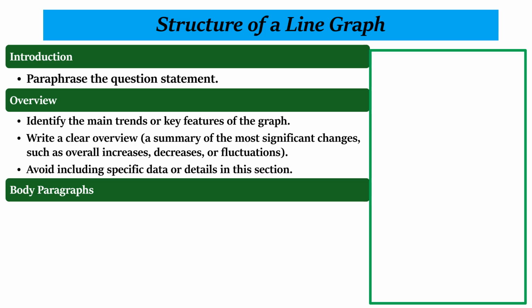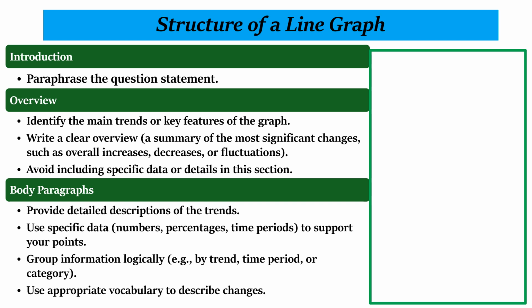The final section is body paragraphs. Here, provide detailed descriptions of the trends. Use specific data such as numbers, percentages, and time periods to support your points. Group the information logically, for example, by trend, time period, or category.